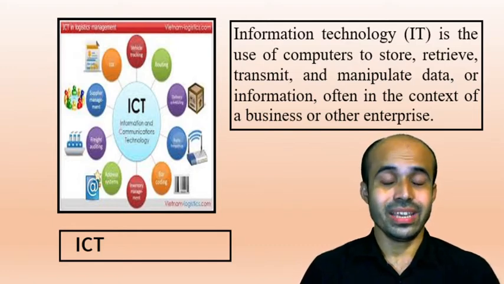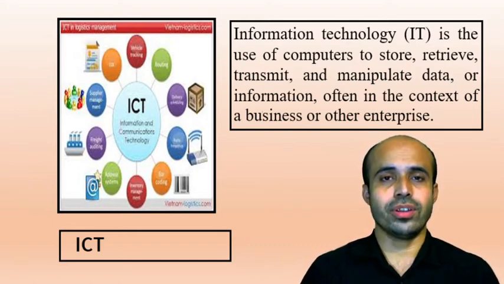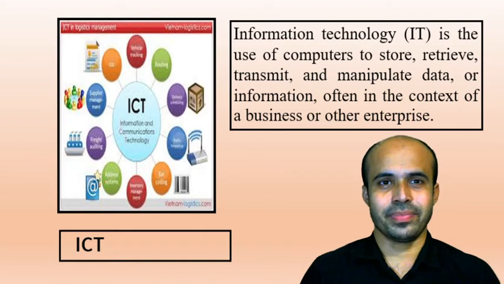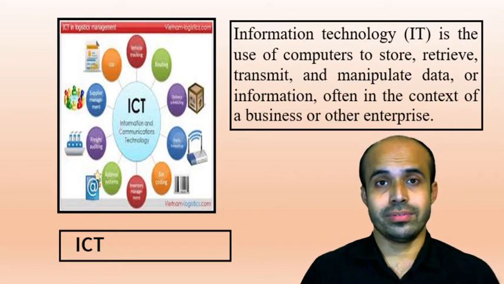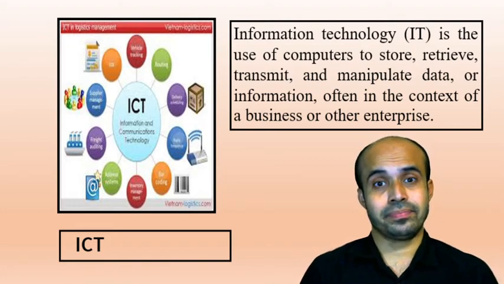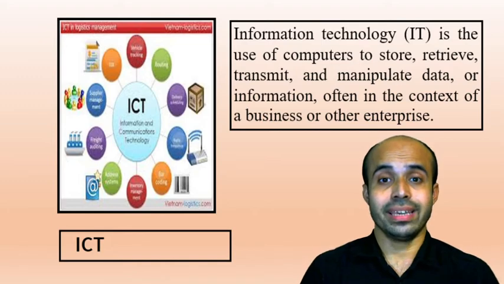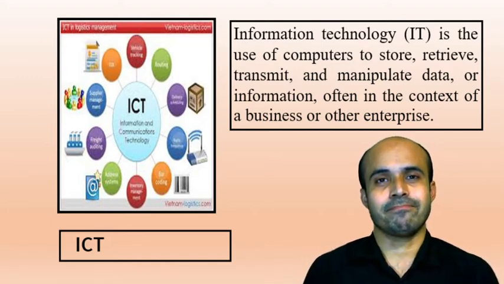If you want to write it in your copy in a good manner, then you have to say that information technology is the use of computers to store, retrieve, transmit and manipulate data or information, often in the context of a business or other enterprise.